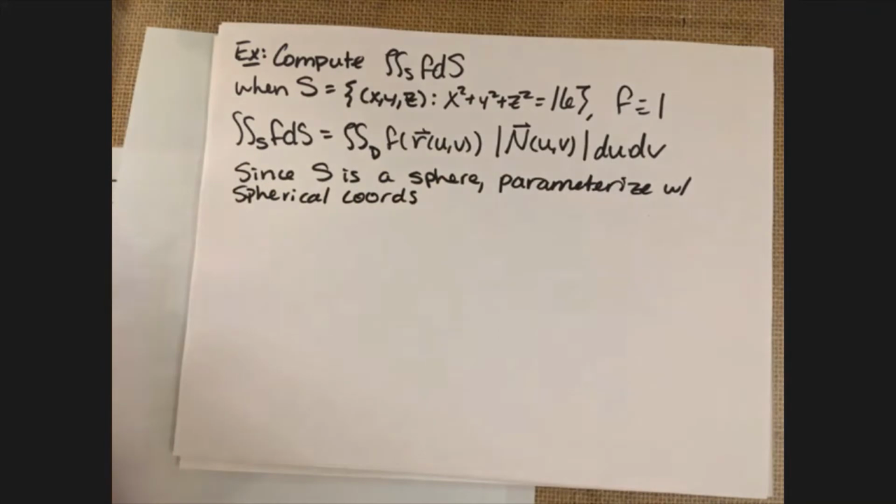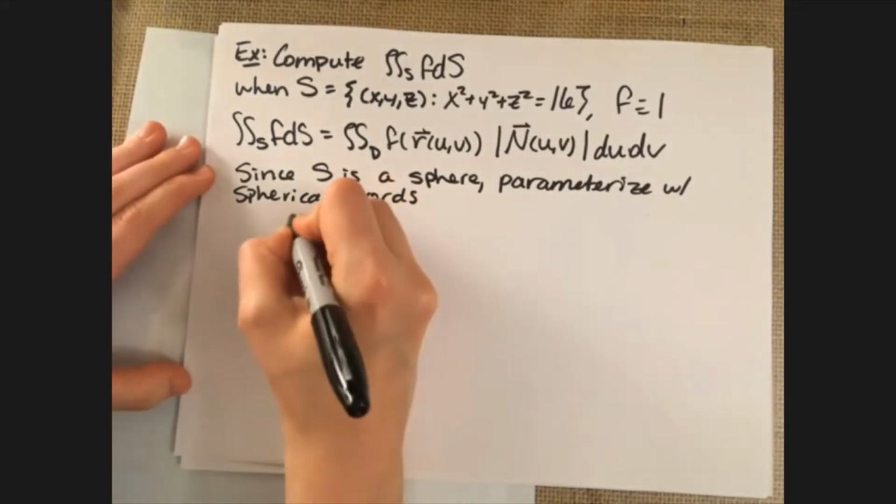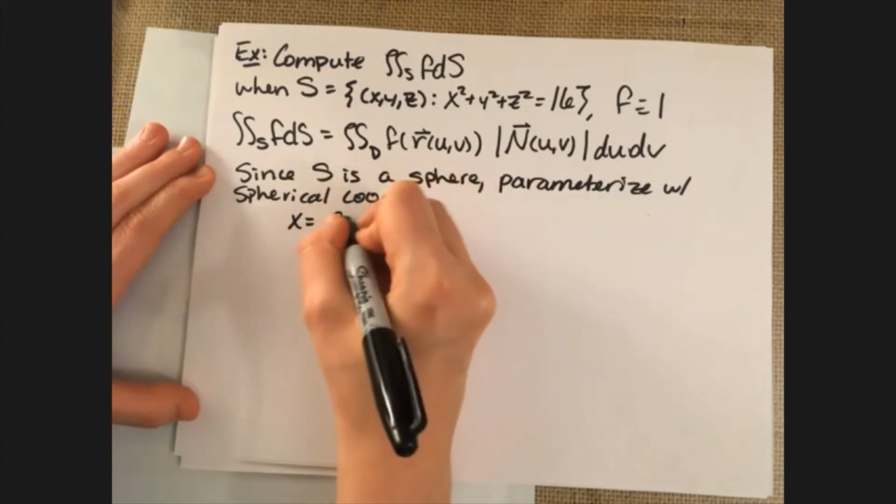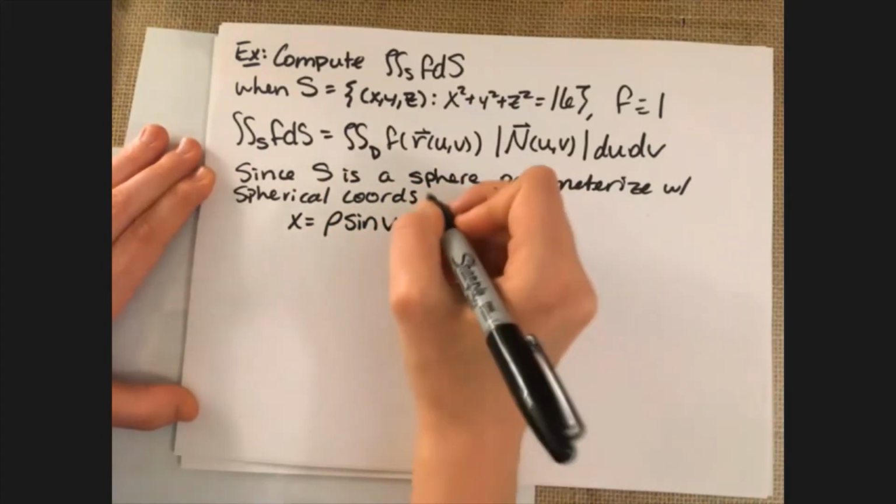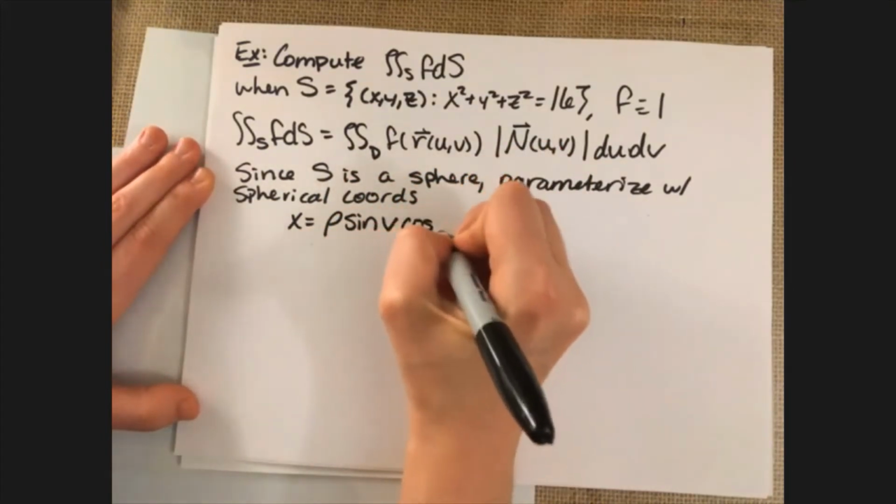We're going for something that's got 3 components in it, right? We're looking to fill out an x component, a y component, and a z component. And the way that we do this is we're just going to use the same identities that we've used for spherical coordinates all along. So x is equal to rho sine v cosine u, where I'm using v for phi and u for theta.